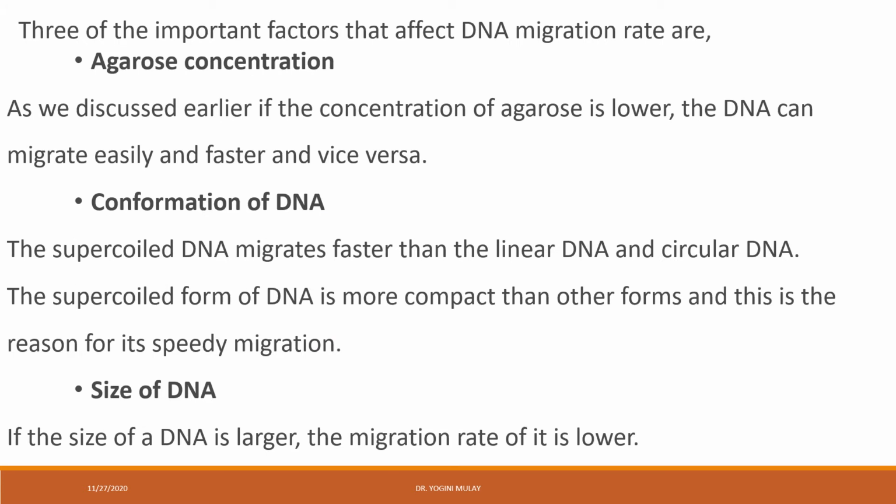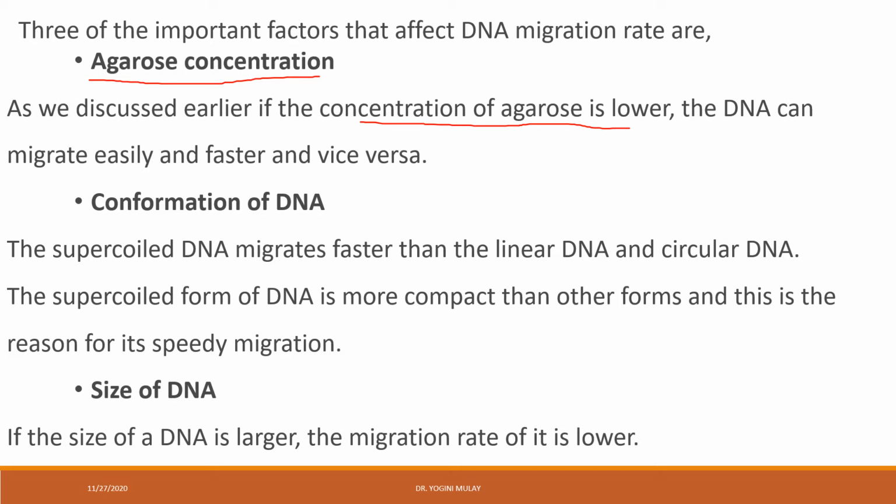Okay, now apart from this, there are three important factors which affect the rate of DNA migration. Number one is the agarose concentration. As I said earlier, if the concentration of agarose is lower, then the pore size would be bigger.